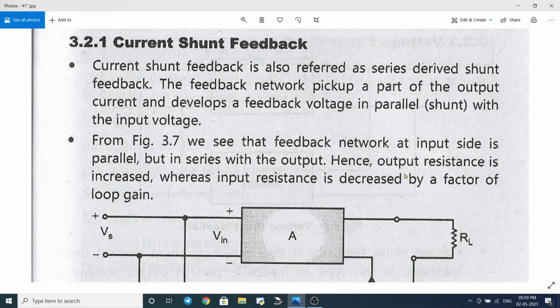And due to current shunt feedback, output resistance increases whereas input resistance decreases by the factor loop gain, that is 1 plus A beta.